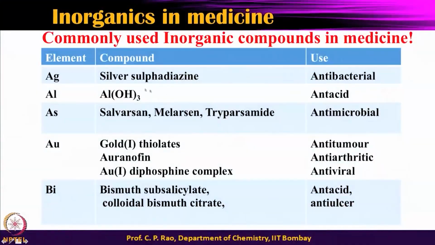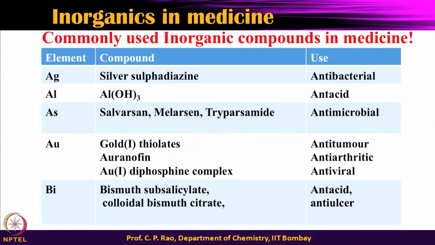So, let us look at a little bit more detail into this one. As we keep going through this particular slide, we understand a lot of features. Okay, so we were trying to look at this particular table where we have the inorganic compounds. Let us look at silver. Silver in the form of silver sulfadiazine is antibacterial, and I am sure you would have seen on some of the antibacterial drugs on the bottle the compounds that you have.